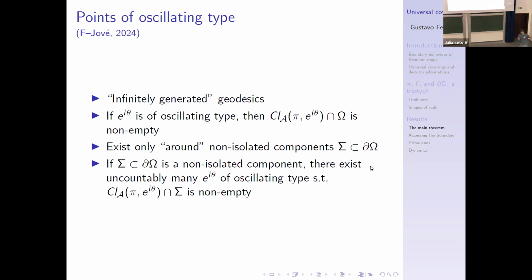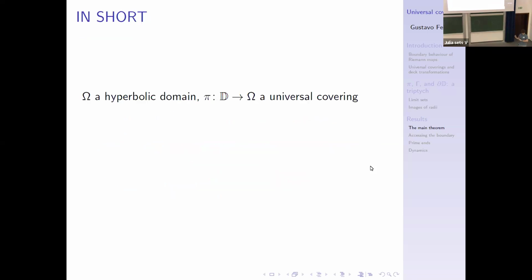So this was all very hand-wavy, but if you have been somewhere else for the past 15 minutes, the important bit is that, in some sense, the pre-image under the universal covering of the boundary of my domain is going to be the unit circle minus the non-tangential limit set. These guys are, in quotes, because we still haven't talked about prime ends, the boundary of my domain as seen from the unit circle.